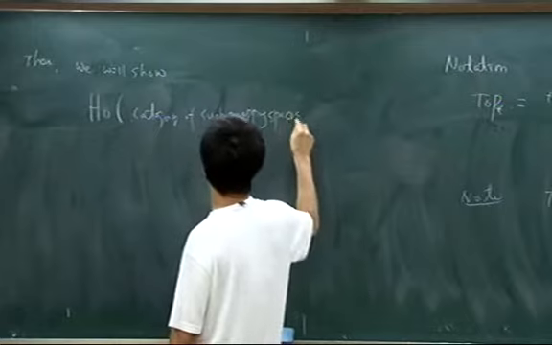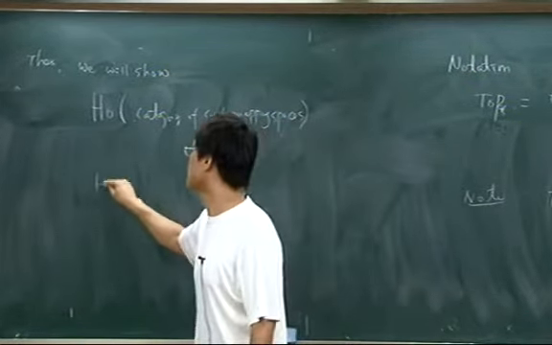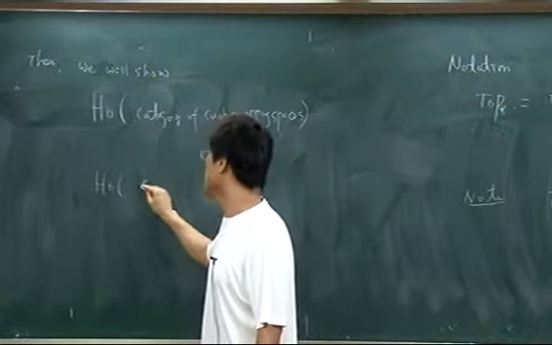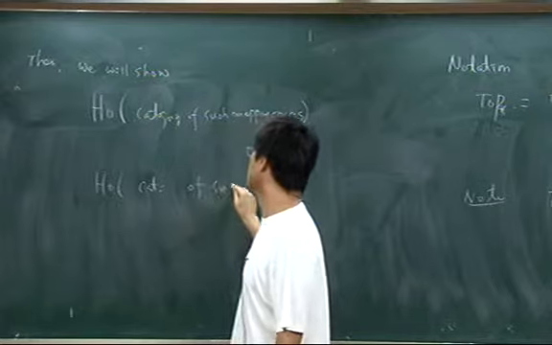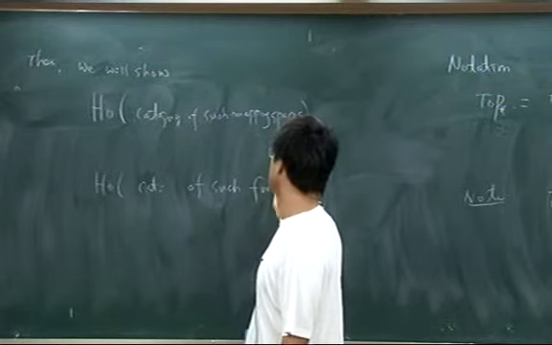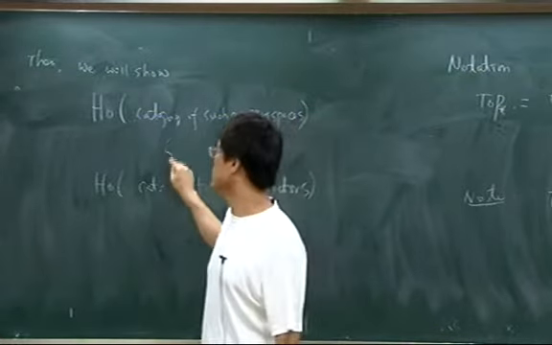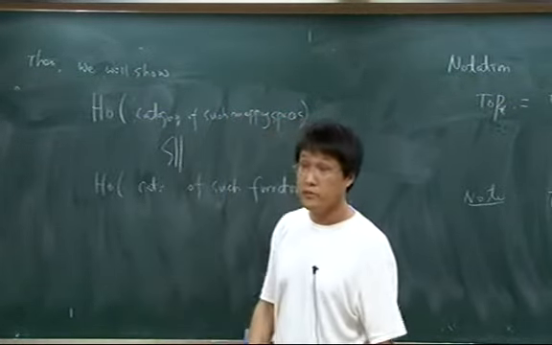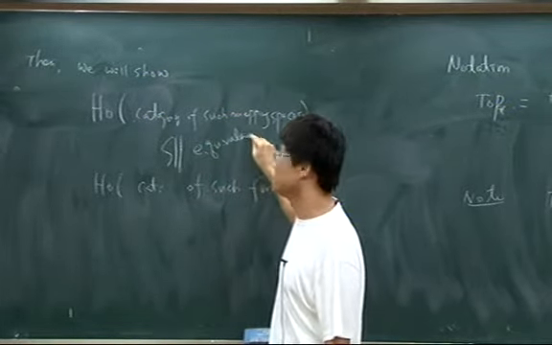And the other one is the homotopy category, the category of such functors. And then we want to show that actually these are equivalent. That's what we want to do. The homotopy categories are equivalent.